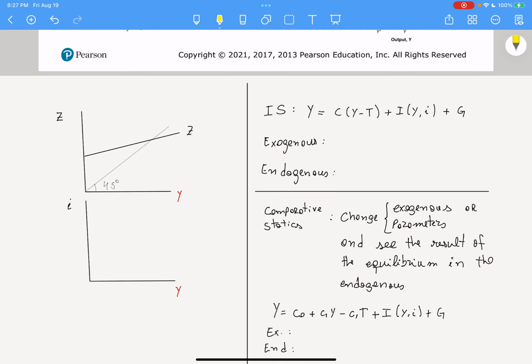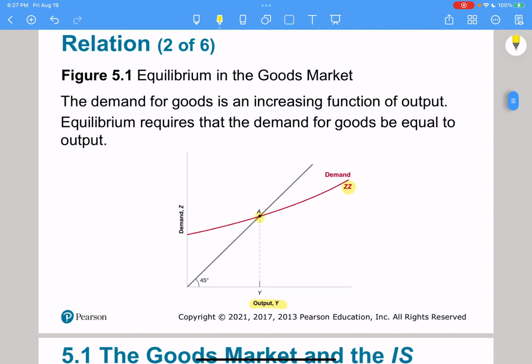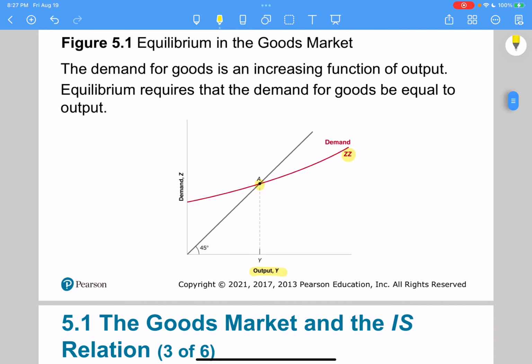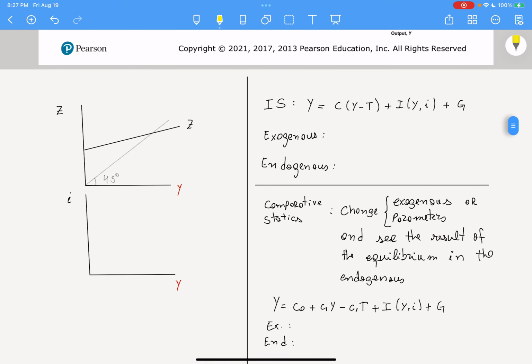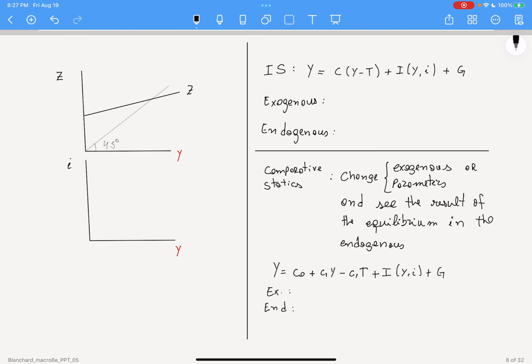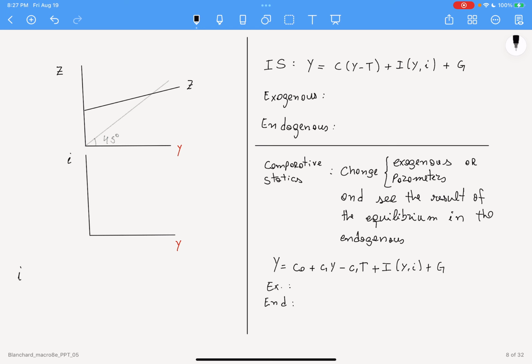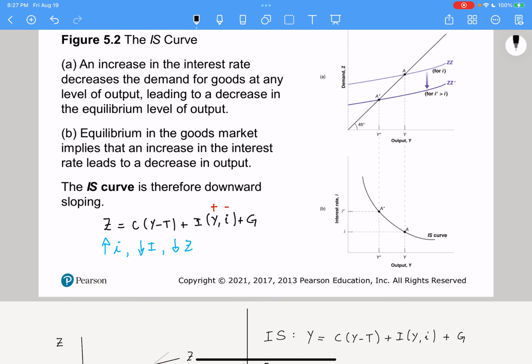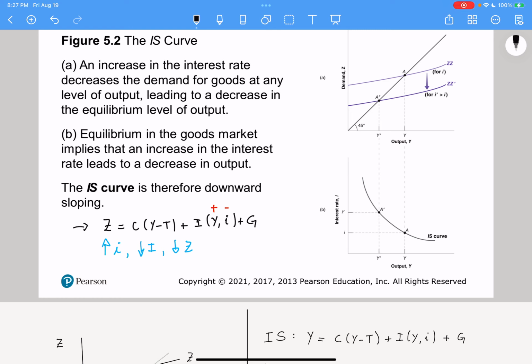We start with this equilibrium, which is the same thing that we have here. There's nothing new, it's just this graph here. Let's say that the interest rate increases from I to I prime. When the interest rate increases, we have a minus sign over there.